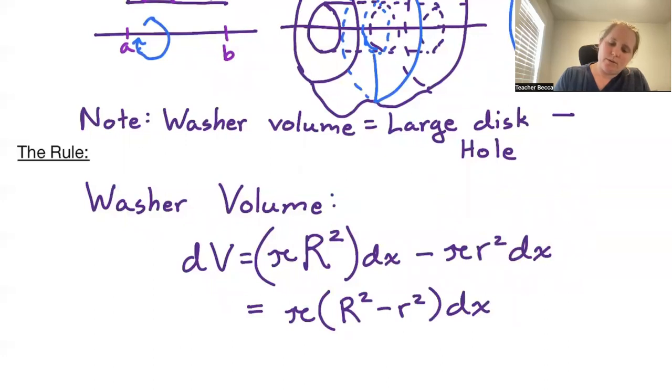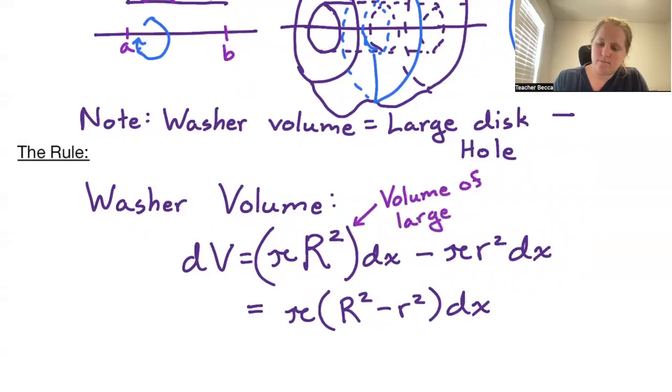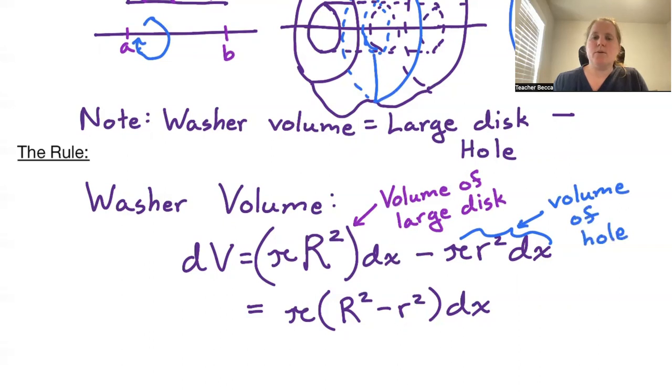So that pi times capital R squared times dx is the volume of the large disk. The pi times lowercase r squared times dx is the volume of the hole. And so this is where our formula comes from for our dV.